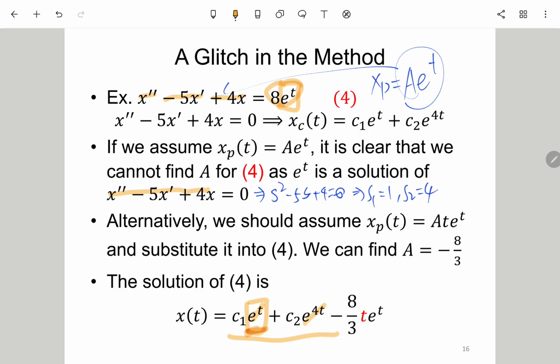So here we need to make xp of t this one multiplied by t, just like the repeated root case. We need to multiply by t, and then if you plug this back into equation 4, you will be able to find a.